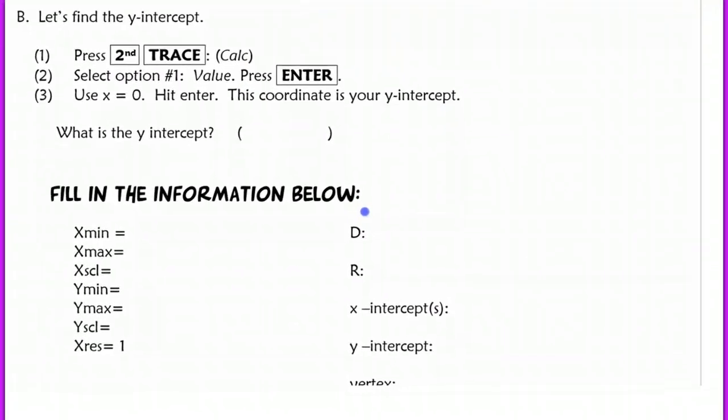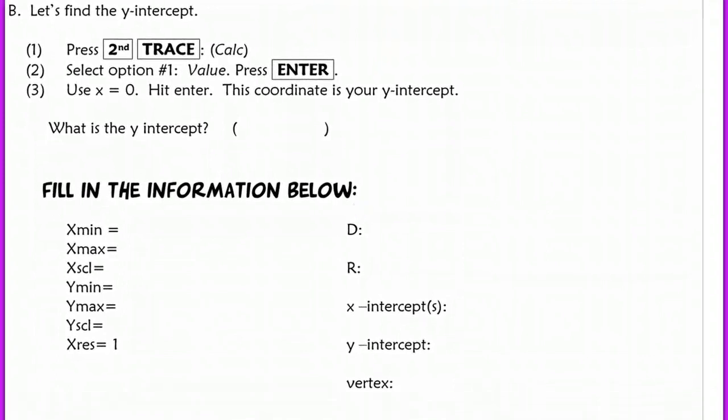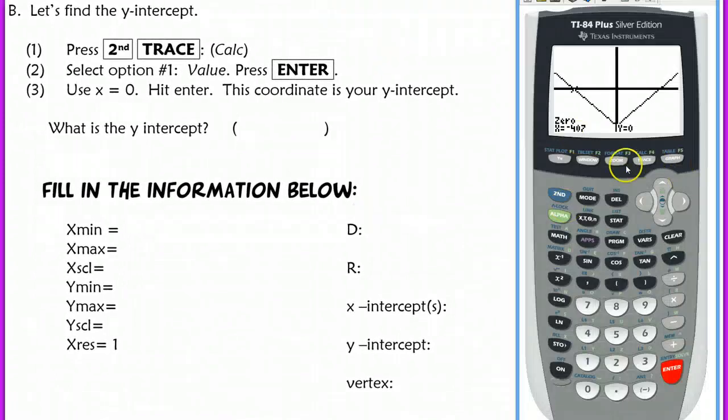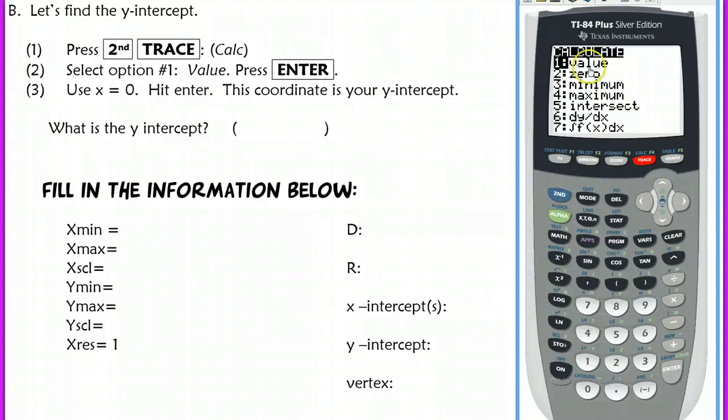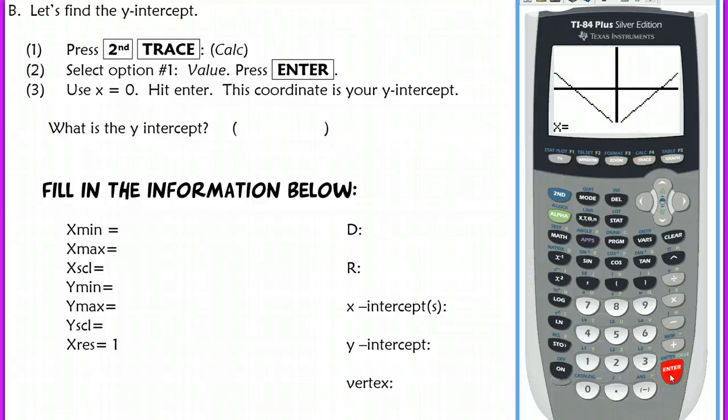Alright, now let's find the y-intercept using the calculator. Okay, this is going to be a slightly different way of doing this than what we just did. So here, I'm also going to go to second calc for the y-intercept, but this time I want to pick a certain value, a particular value. We know that for every y-intercept, the x value is 0, so I'm just going to plug in 0 here, and it's going to spit out what the function is equal to at 0.